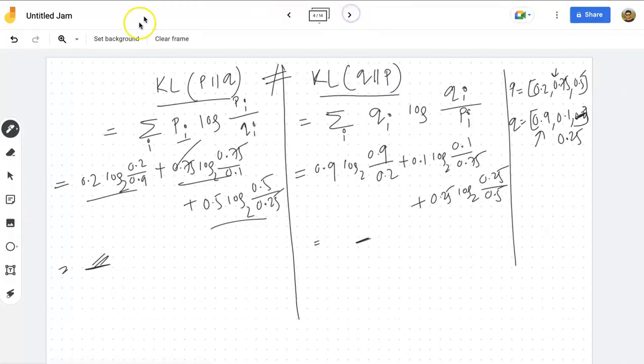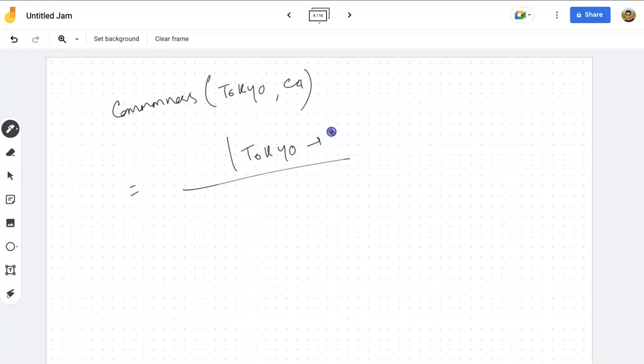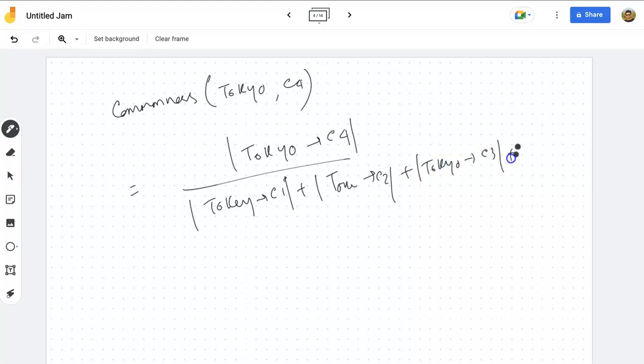So basically, commonness of Tokyo with C4 is the number of times Tokyo connects to C4 over the total number of times Tokyo connects to C1 plus C2 plus C3 plus C4.